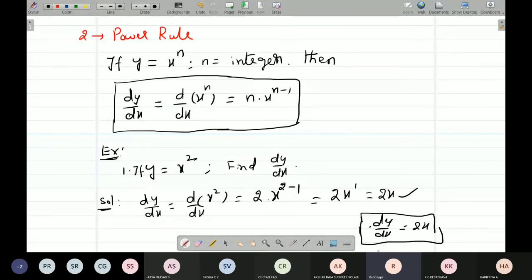It's not only like this. I will give you one more example to understand this. See here, another example. You have to give the answer in the chat box. If y is equal to 1 by x square, instead of x square, this can be expressed as x power minus 2 by bringing it to the numerator.